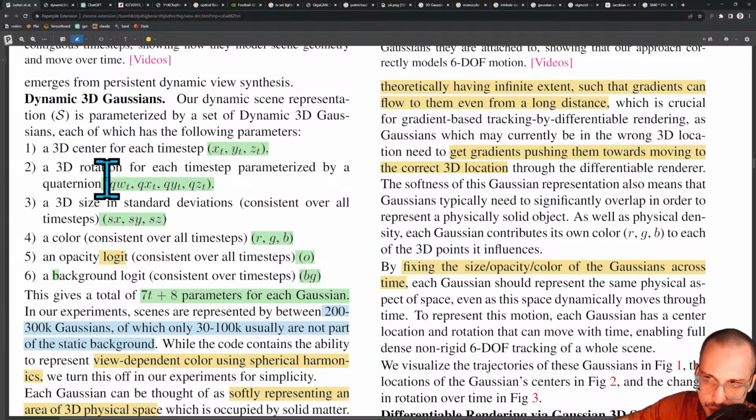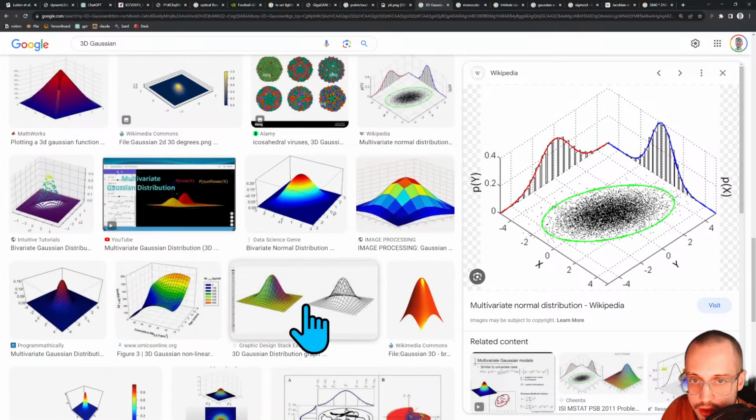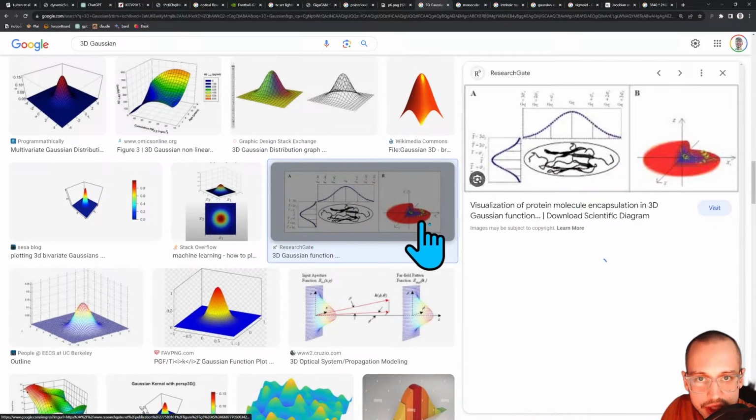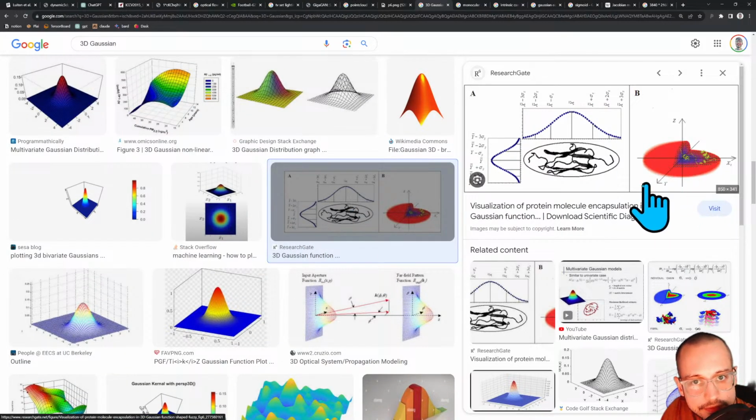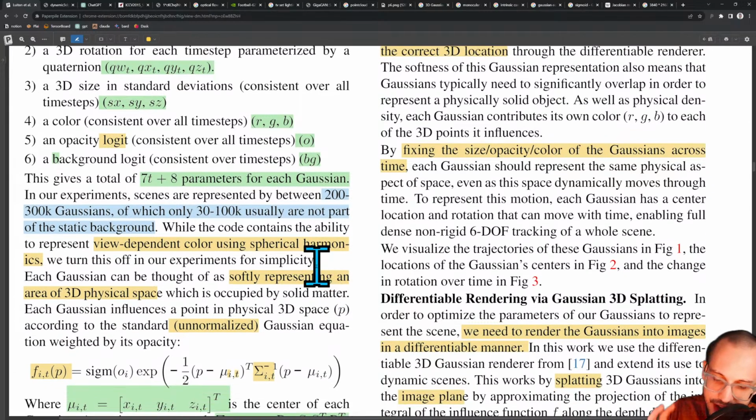They have some rotation. They have some size. When you think 3D Gaussian, you should be thinking basically like a little bubble like this. And what they do in this paper is they basically add dynamics to it. That's why the word dynamic is in there. So they add the fact that this Gaussian is going to be moving and rotating over time.